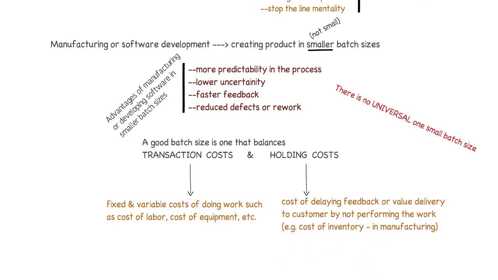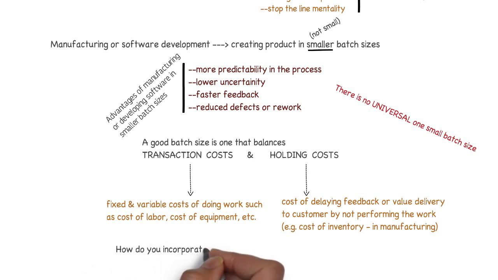In manufacturing, holding cost is the cost of inventory, that is, the cost of storing raw material. Holding costs and transaction costs are terms from lean manufacturing, so out of scope for this course. The reason I have mentioned these two terms is to make you aware that determining the right size of a batch is not guesswork, rather there is science behind it.